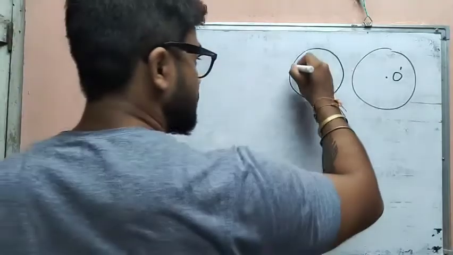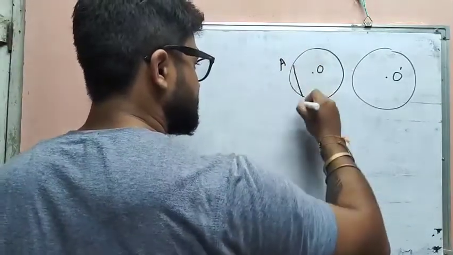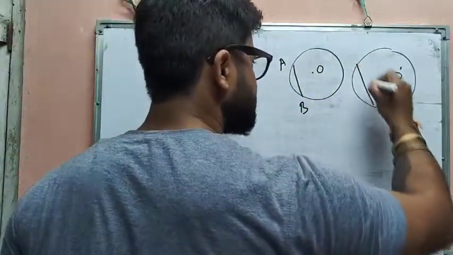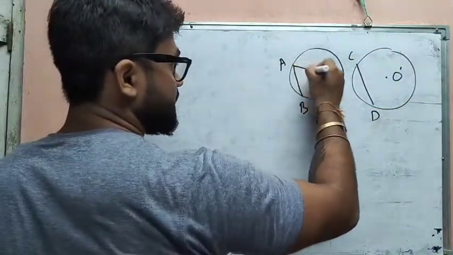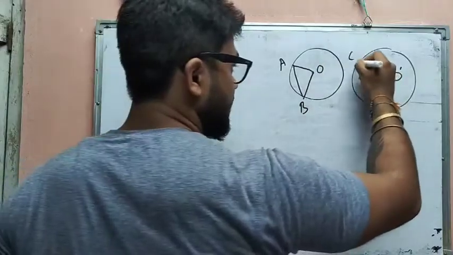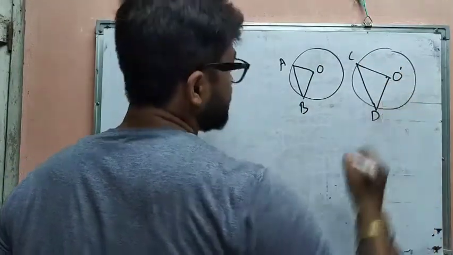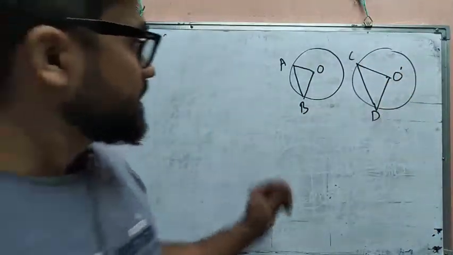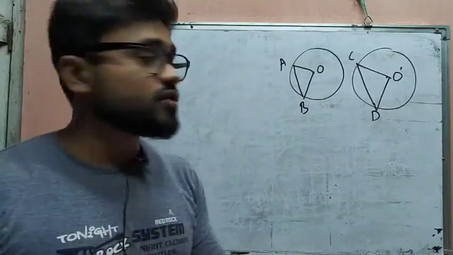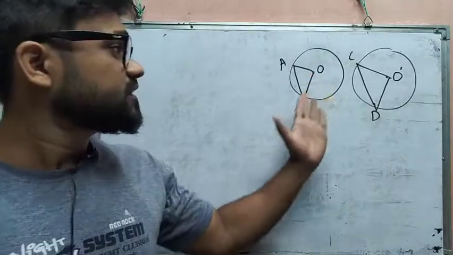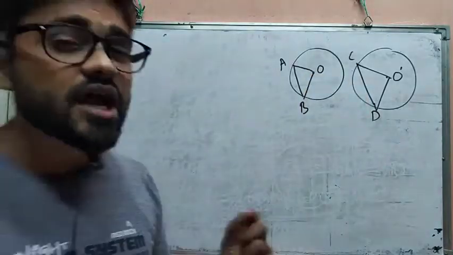So the chords we are considering are AB, and here we are considering chord CD. Now join the chords with their radii OA, OB, and O dash C, O dash D. Now in the same way we get these triangles. We have to show that these two triangles are congruent, but here the criterion will be different.